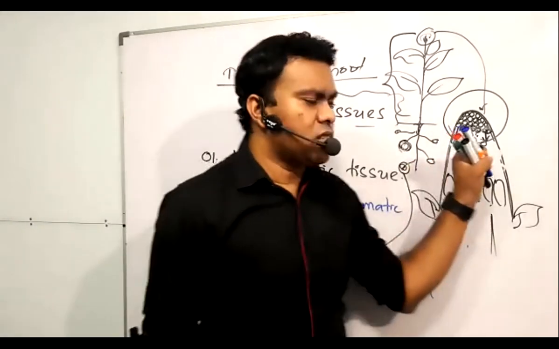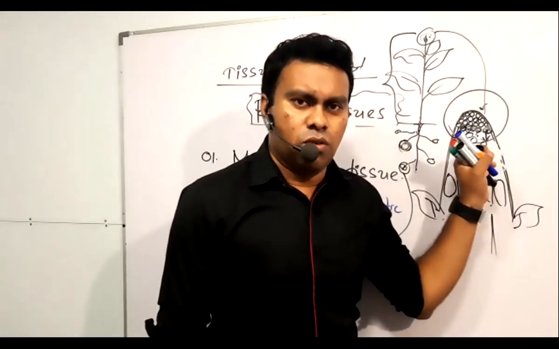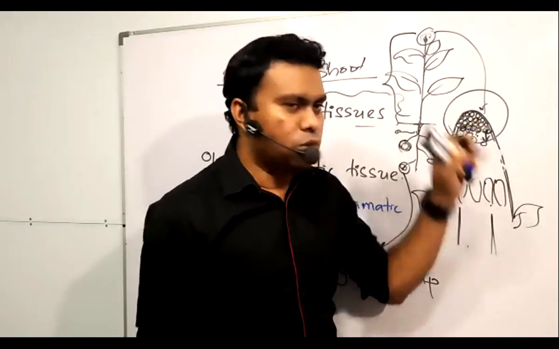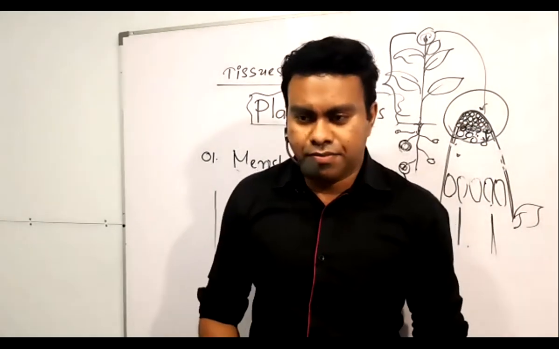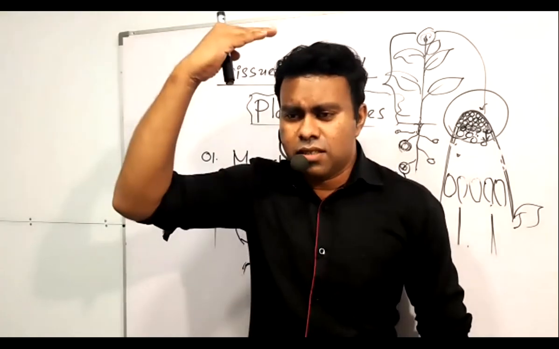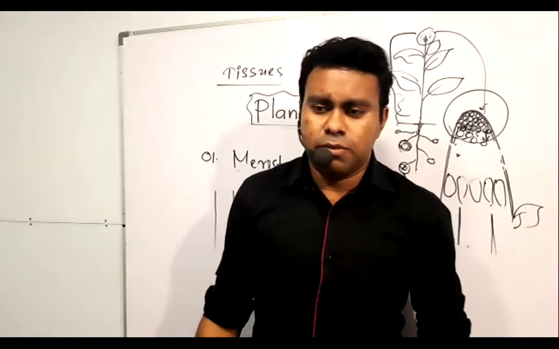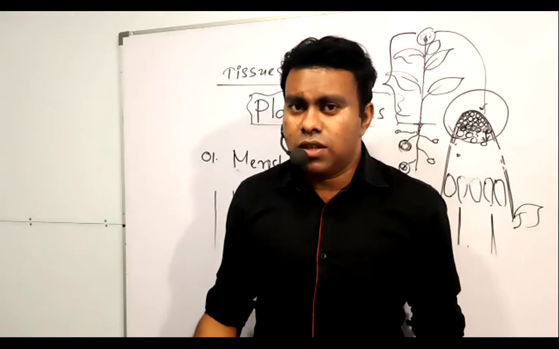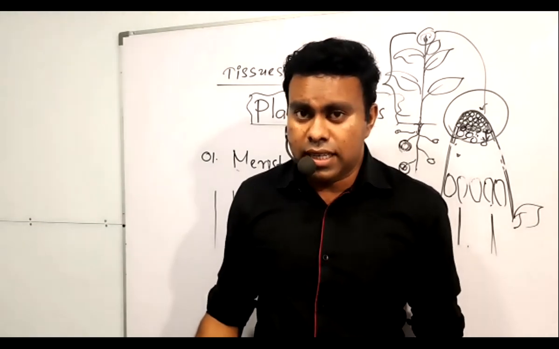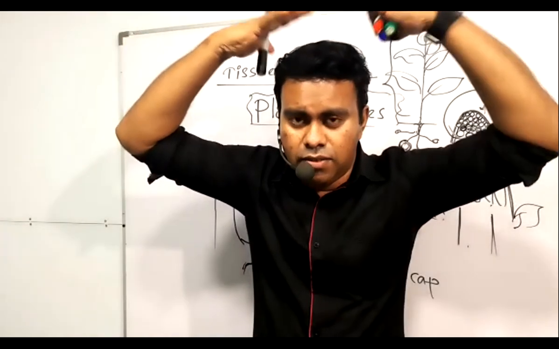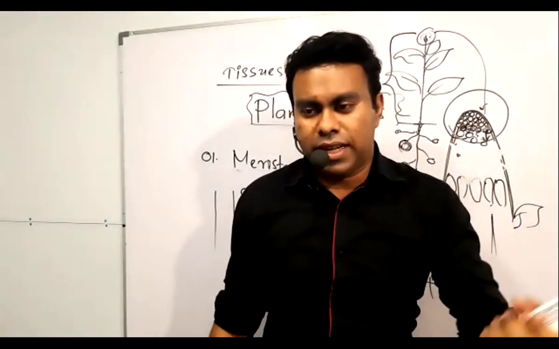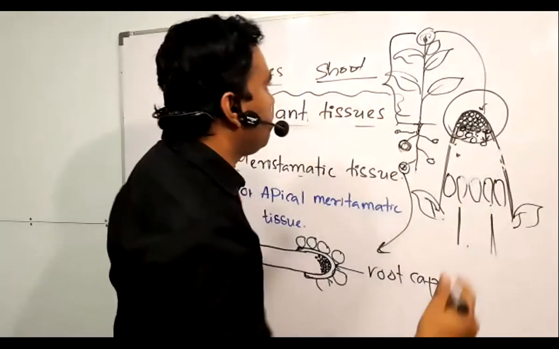So what protects this shoot apical meristematic tissue? හිතන්න ඔයගොල්ලන්ගේ ඔළුව කියලා. Your head is shoot apical meristematic tissue. When you are going in heavy sunlight, what do you do? You cover your head with your hand. Book එකක් තියෙනවා නම් ඒකේ. මෙයාලත් එහෙමම කරනවා.